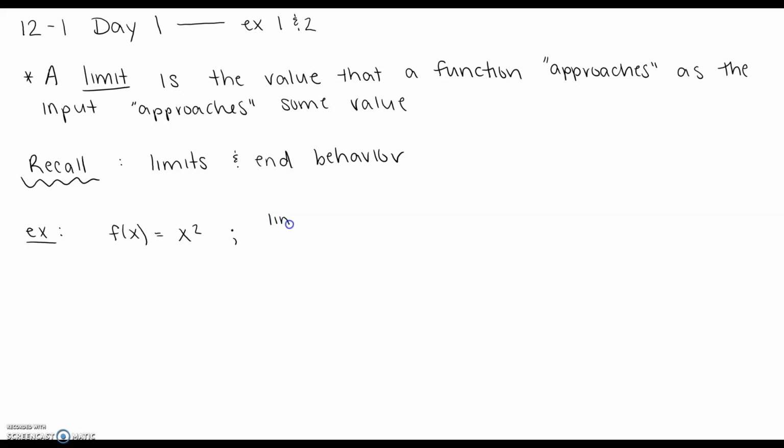I want us to find the limit as x approaches positive and negative infinity of f of x. So that's what we're doing. We're asking, okay, from the right and the left, so remember the plus and the minus, what is happening to our function? What is it approaching?